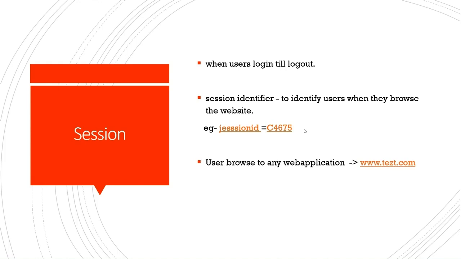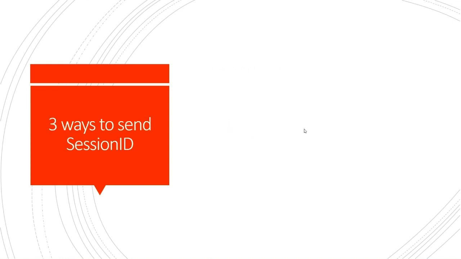Now we'll see how a session works. When a user browses to any application like www.test.com or abcd.com, how is the session created? A session can be sent in three ways. First, you can see it in a GET request as a variable.